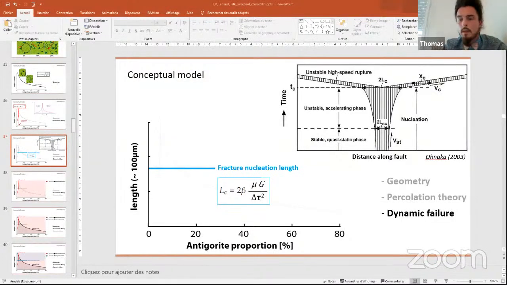Okay. To some extent it could be a problem, but yeah. So G, to be clear, this is the Griffith fracture energy that we took in the calculation, equal to 1 joule per square meter. Yeah, so it's joules per square meter.